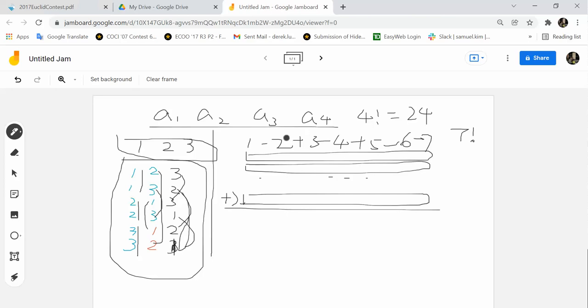For this method, we pick this position first and do the same thing. If we pick this position first, we get exactly the same thing. So the funny thing here is that it's all exactly the same, because if we change the order, it's symmetric.